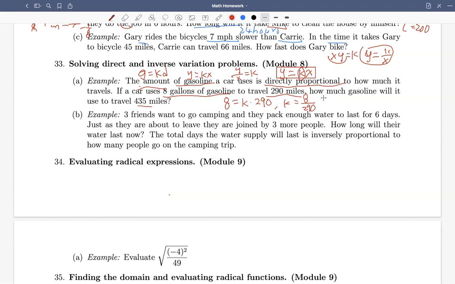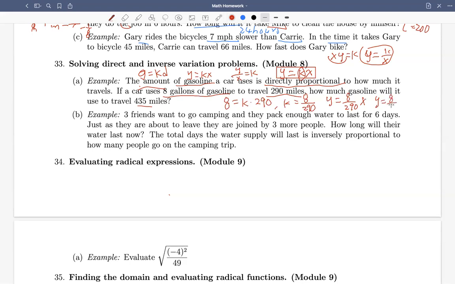Now the question is asking, if it travels 435 miles. So actually, after we have k, we have this relation: y equals 8 divided by 290 times x, right? Because k is 8 divided by 290. Now, x is given as 435.